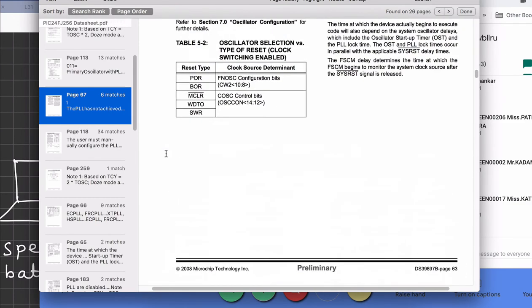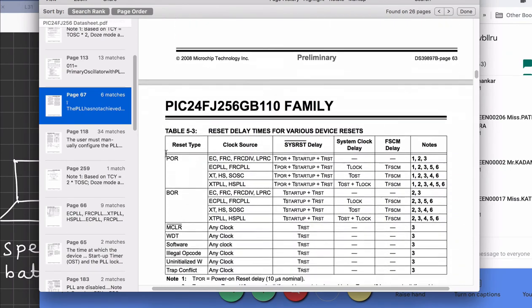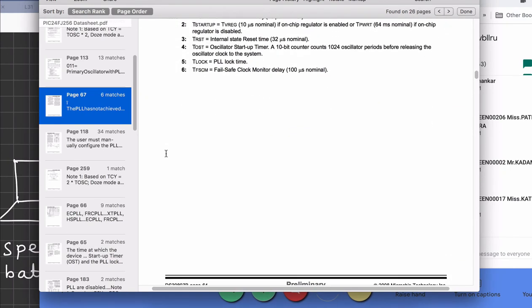I mean to say that PLL is a very important block in electronics, similar to the op-amp.